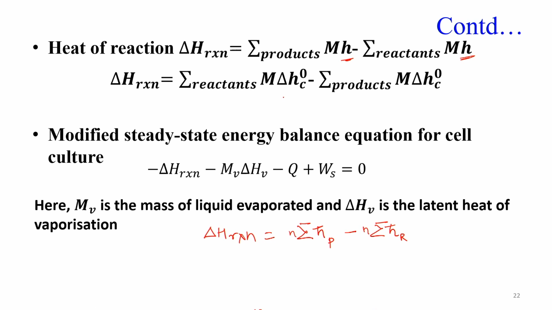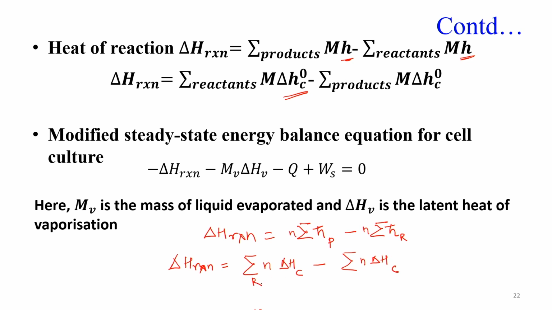Another option is to calculate in terms of heat of combustion. In terms of heat of combustion, delta H reaction equals N times the heat of combustion of the reactants minus N times the heat of combustion of the products.